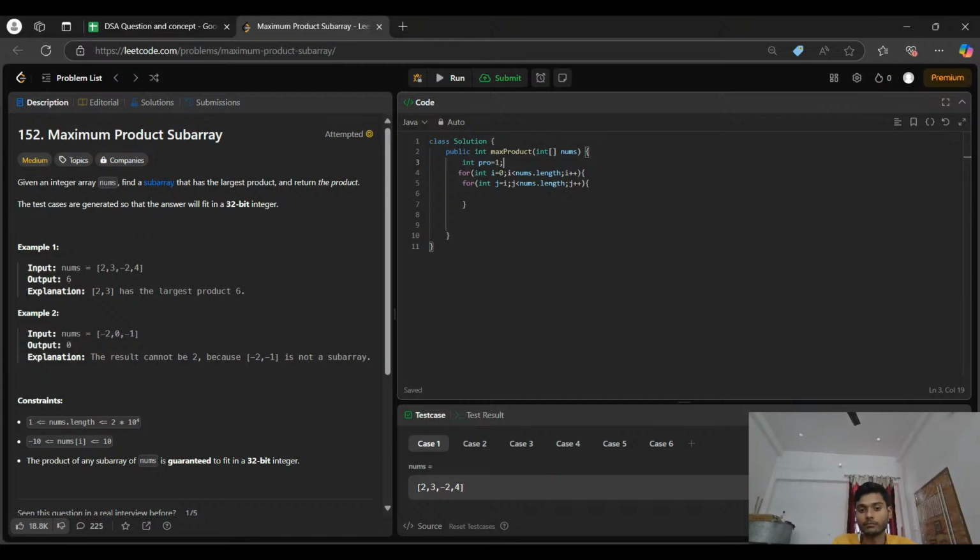What do I do? We simply take an int max, integer top. It gives max pro the minimum value, right?